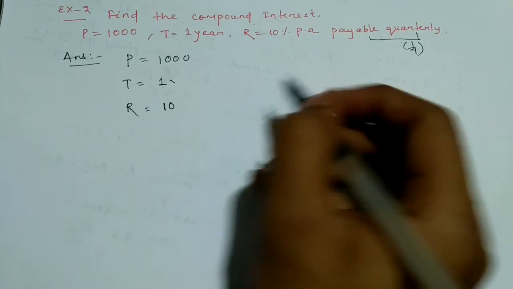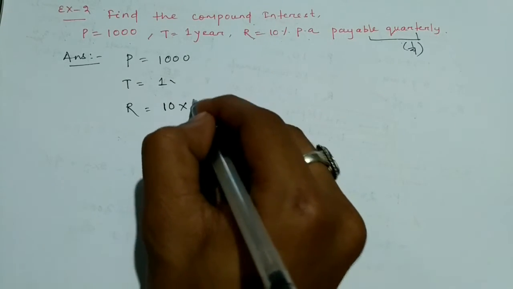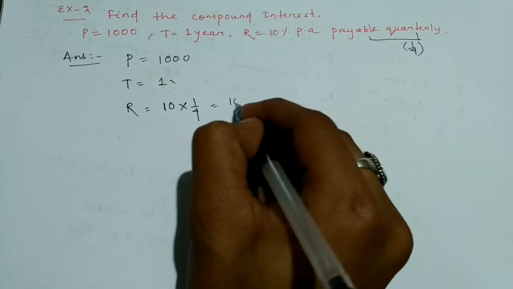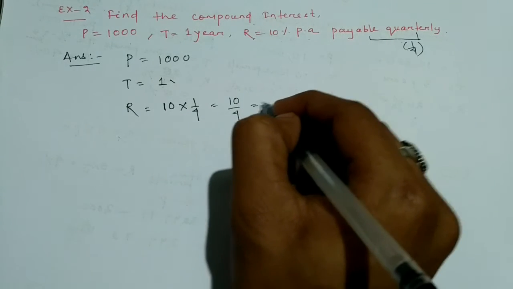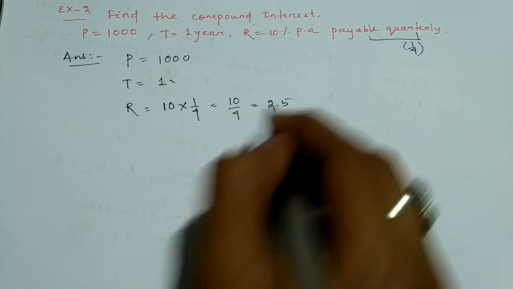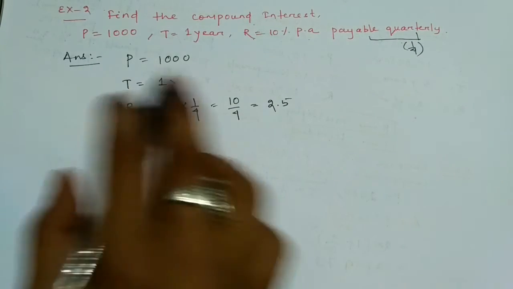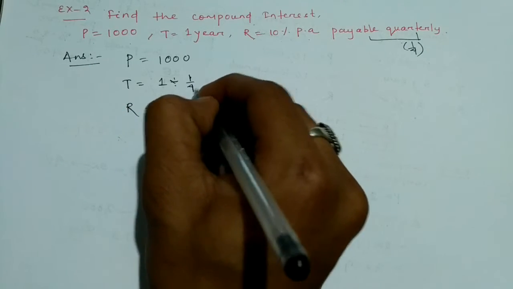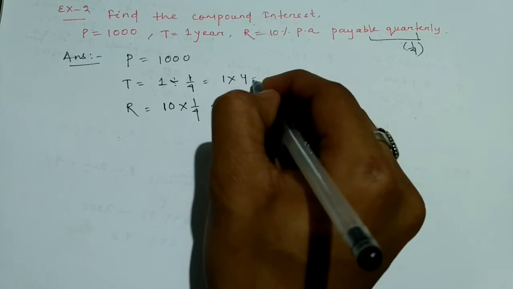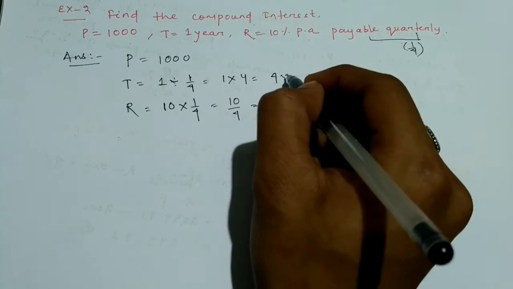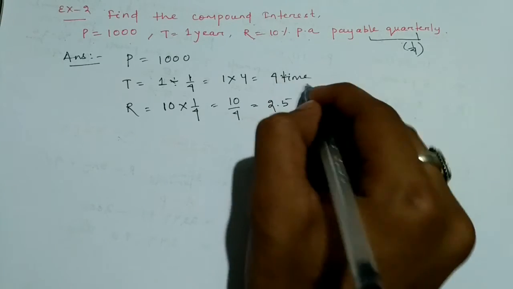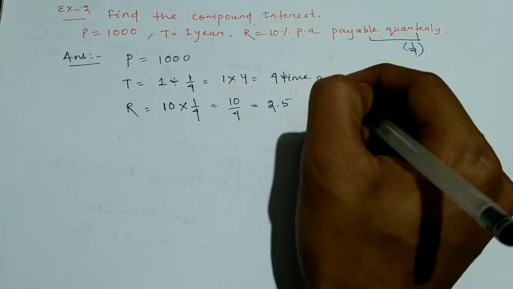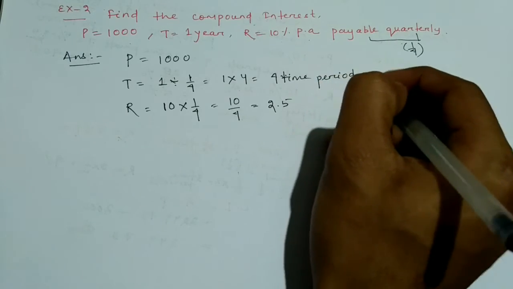So 10 into 1 by 4, that will be 10 by 4, or you can say 2.5, and the time period is divided. So 1 divided by 1 by 4, that is 1 into 4, that is 4 time periods. Don't write 4 years, it is 4 time periods.